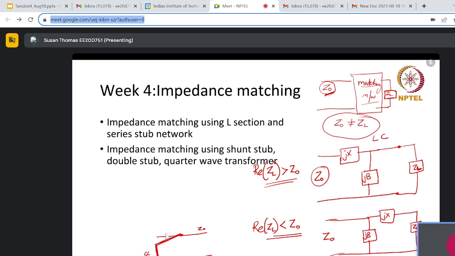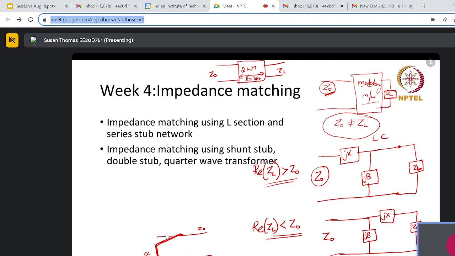I hope you remember the concept of the quarter wave transformer also, wherein suppose you have Z0 and ZL. A quarter wave transformer means you have a transmission line of length lambda by 4 connected between Z0 and ZL.